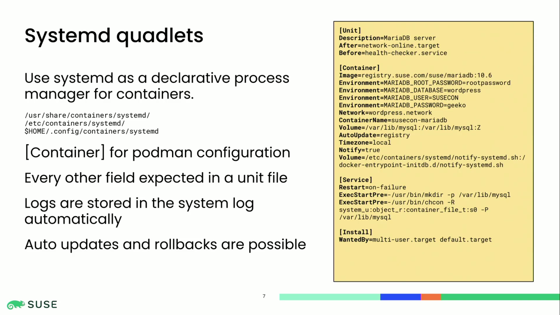You tell systemd what you want to do, and it runs them. So you don't need an orchestration system. It's not for big applications, but if you're going to run, for instance, a WordPress with a database as a container in a system, it's a perfect solution. And it's part of SLE Micro, it's part of SLS 15, and it will be part of SLS 16.